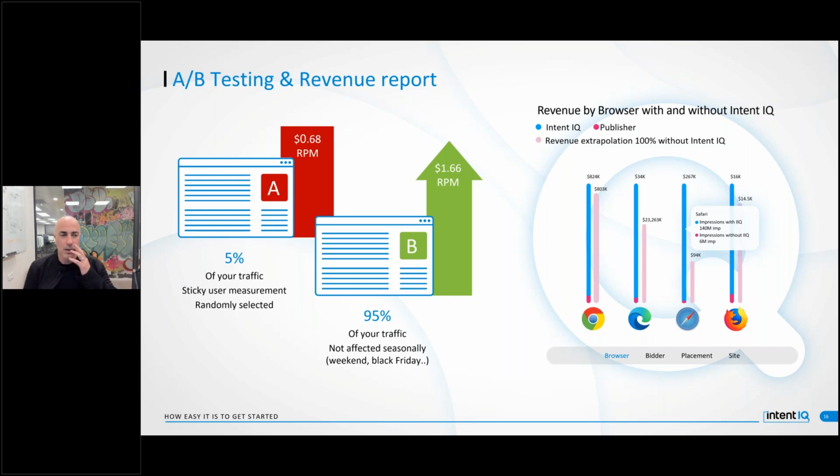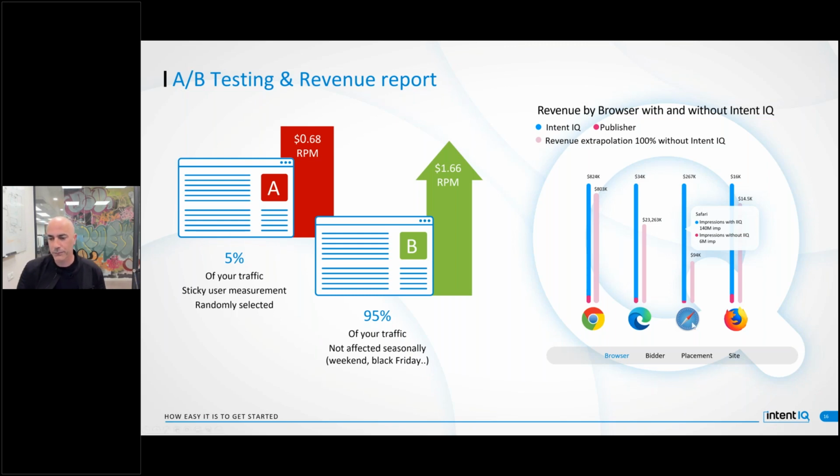As you can see, RPM of $0.68 versus $1.66 RPM with the IntelliQ. This is amazing results. And on the right side, you're seeing a sneak peek of our dashboard showing you for every browser, per bidder, per placement, per site, what exactly the metrics are.